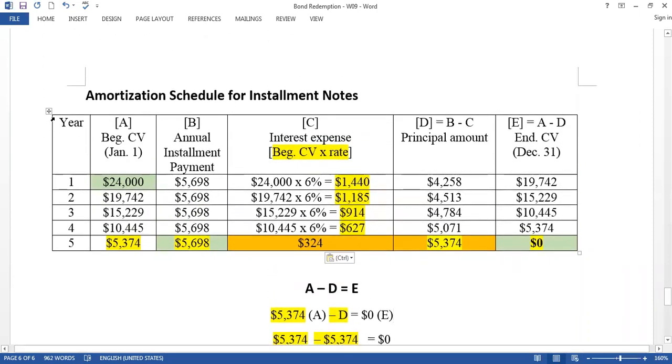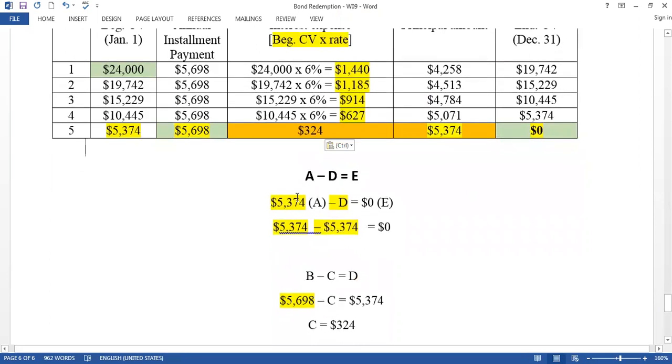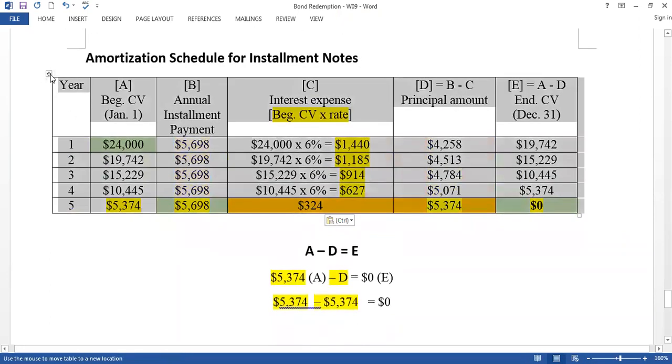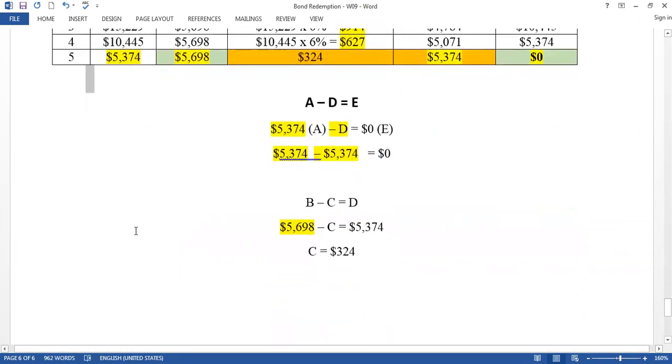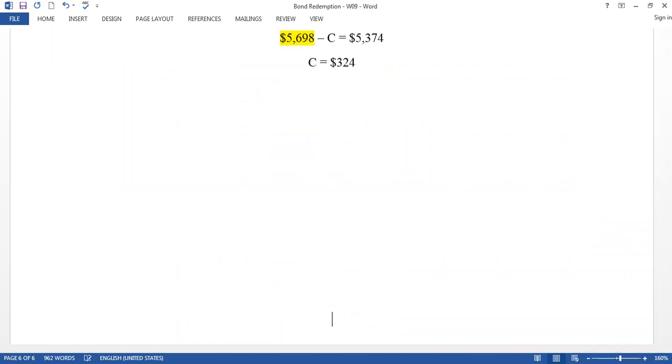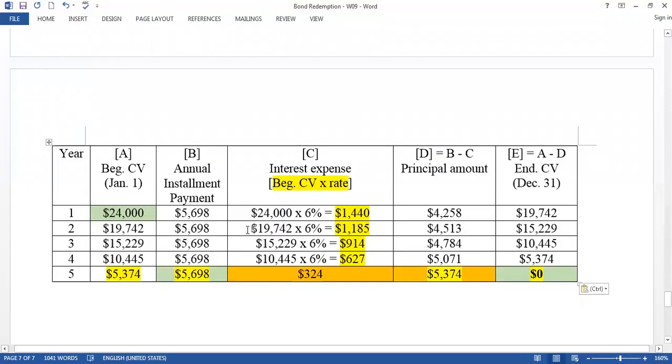Now, based on this schedule, we have to do some journal entries. So let me show the journal entries now. I copy it. So this is the schedule.